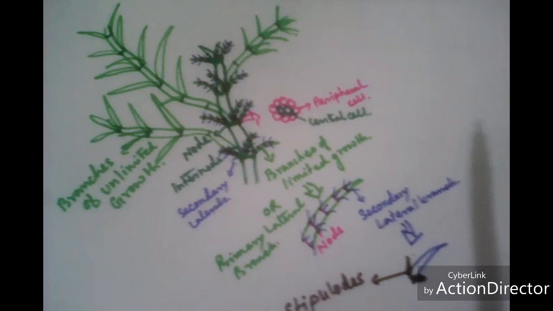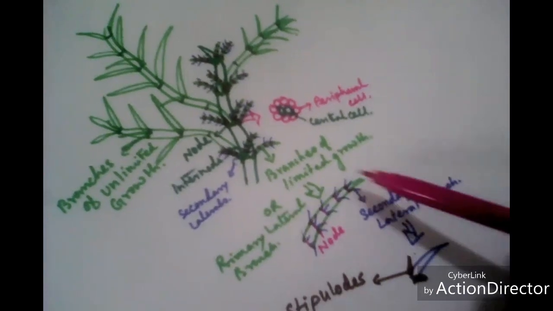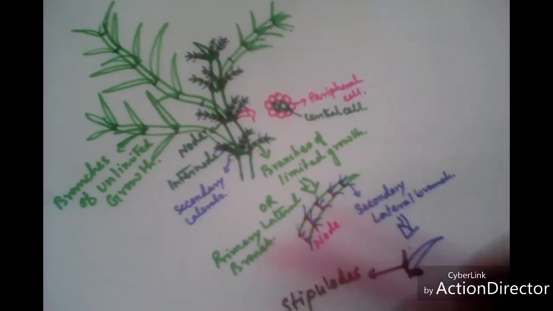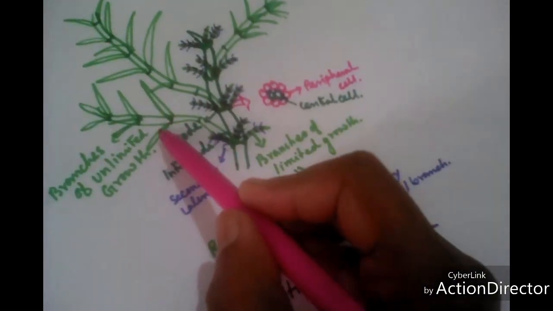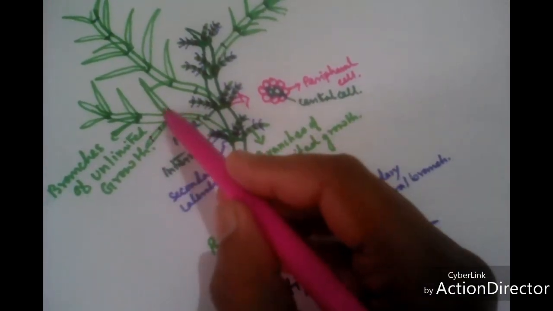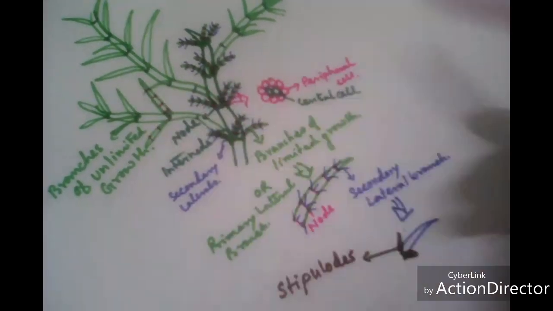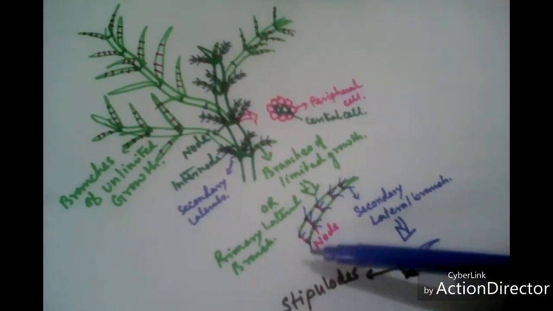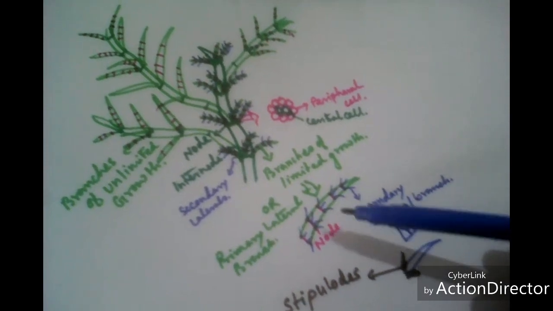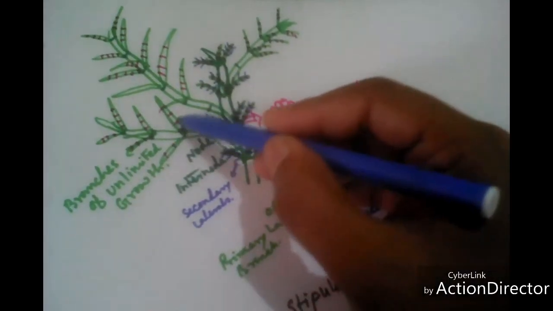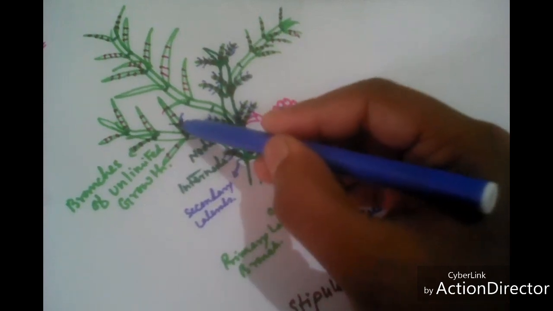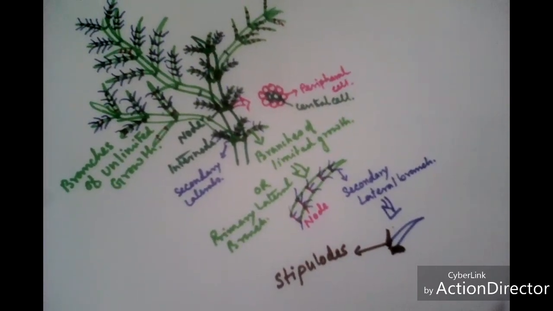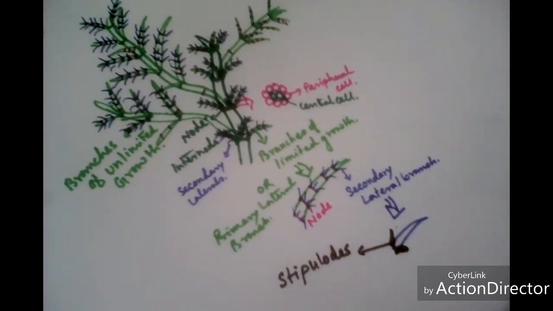So, we know primary lateral branches contain 5 to 15 nodes, and from each node secondary lateral branches arise, and each secondary lateral contains stipulodes.